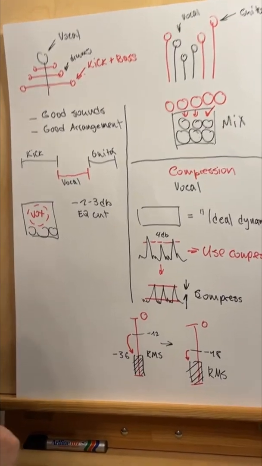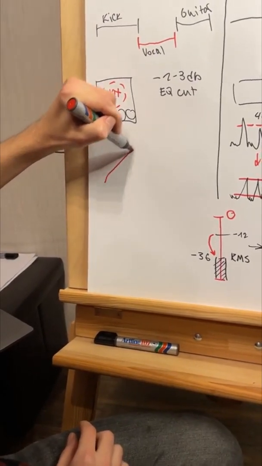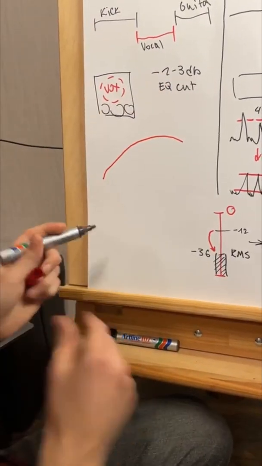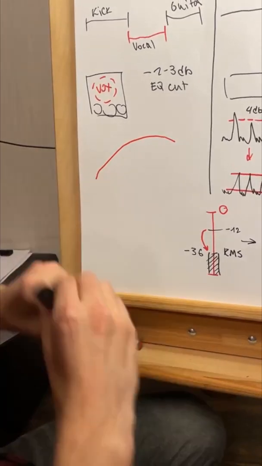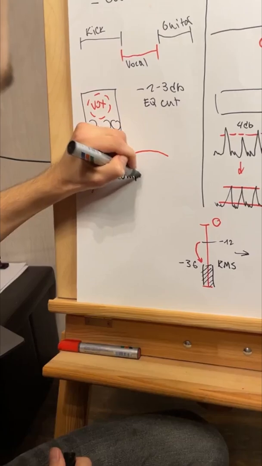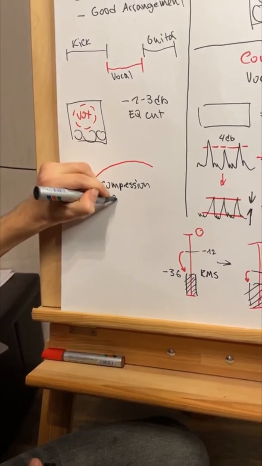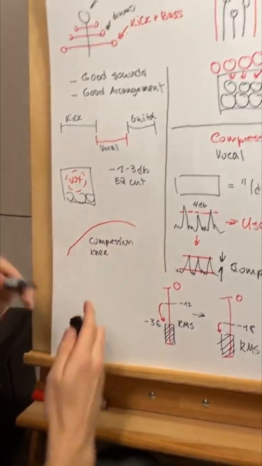Okay, so basically, let's say that this is going to be the curve for the compression knee. So that's going to be the knee compression. It's pretty soft, as you can see.